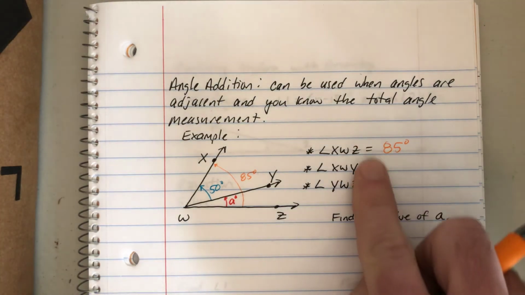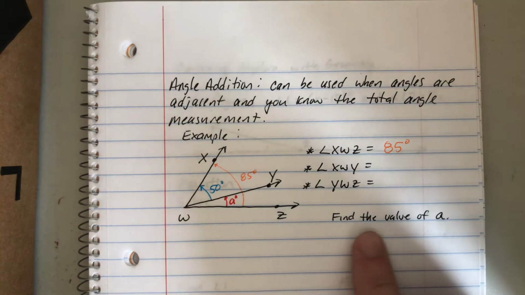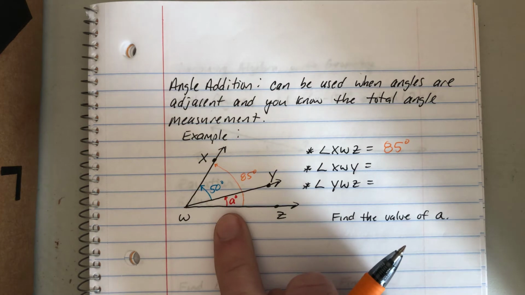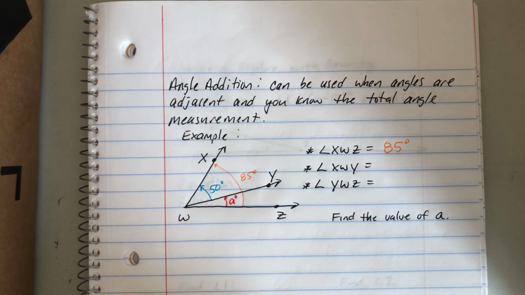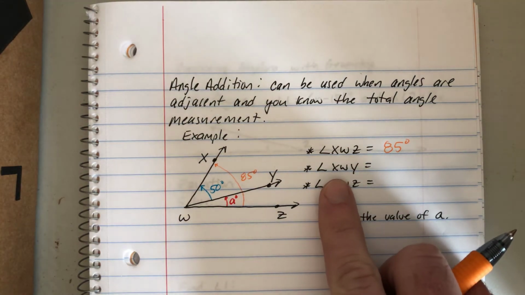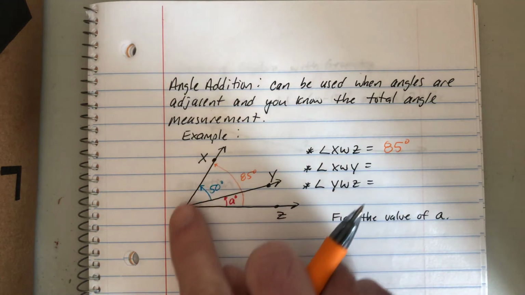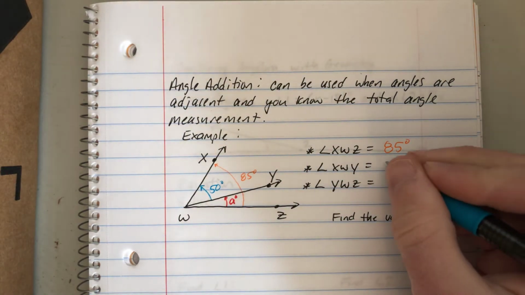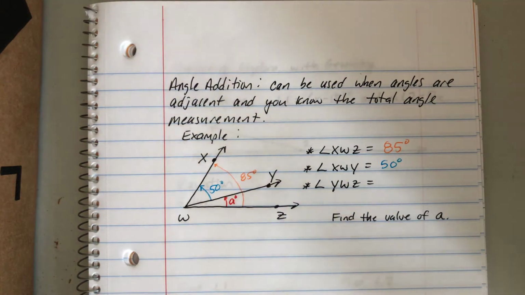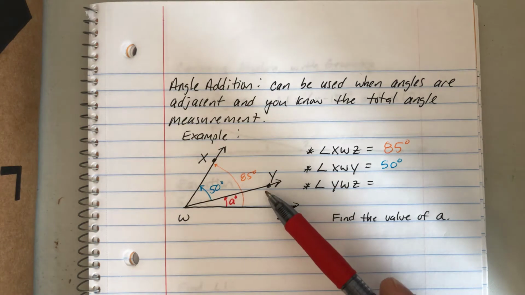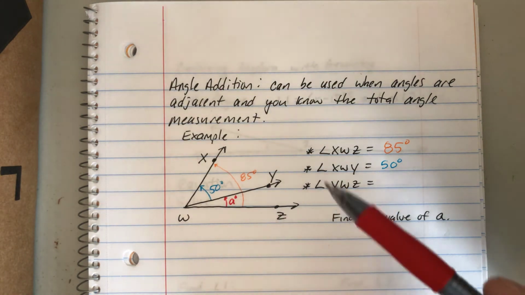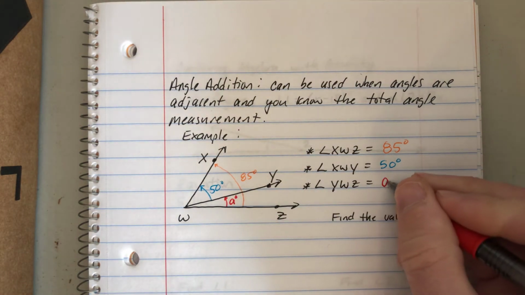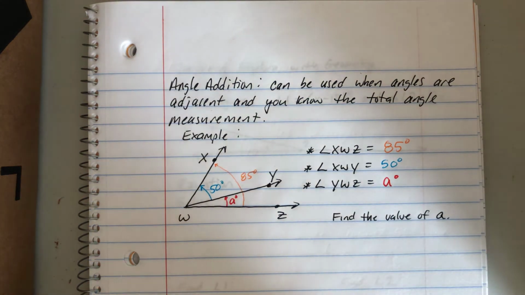I'm just organizing it off to the side because our goal here is going to be to figure out what's the missing measurement for A right there. Okay, so here we have angle XWY, labeled in blue with 50. And then the last part is YWZ, and that's this little part A. And that's what we're trying to figure out.